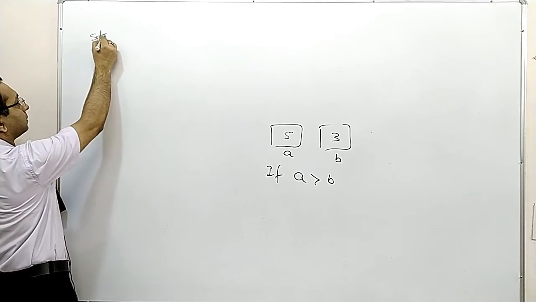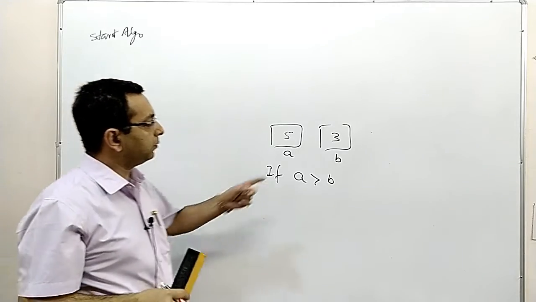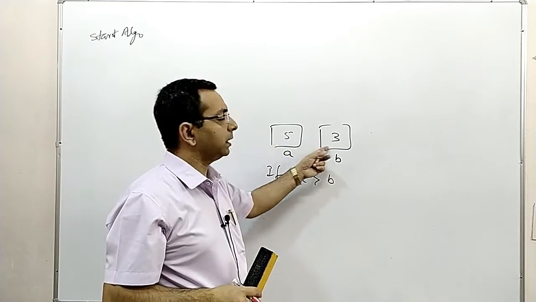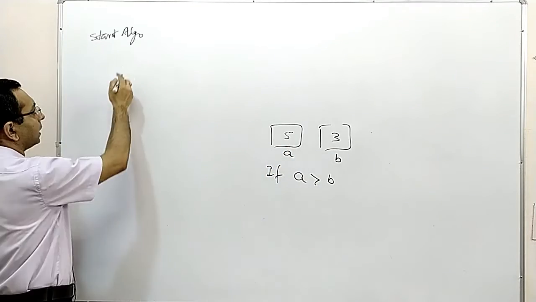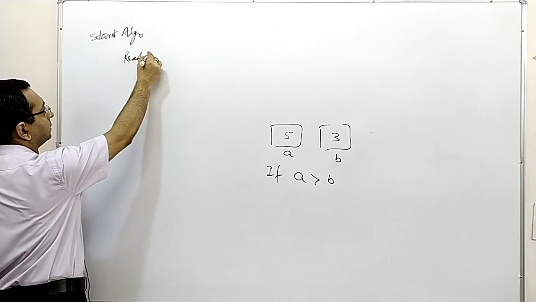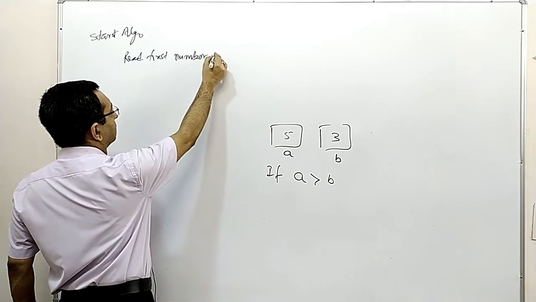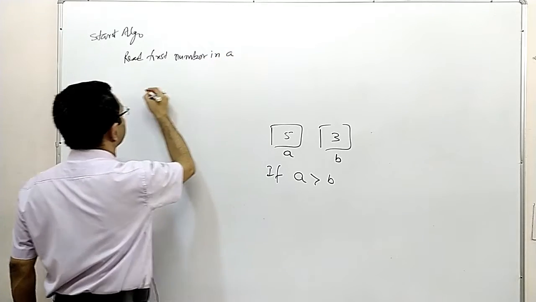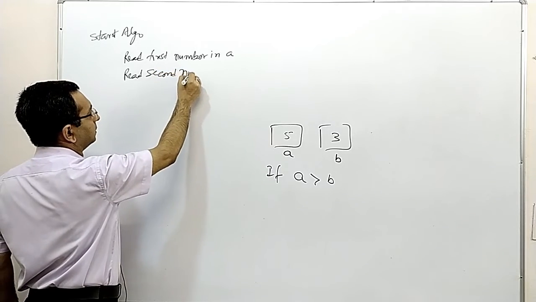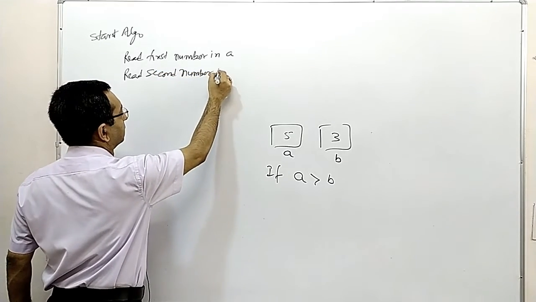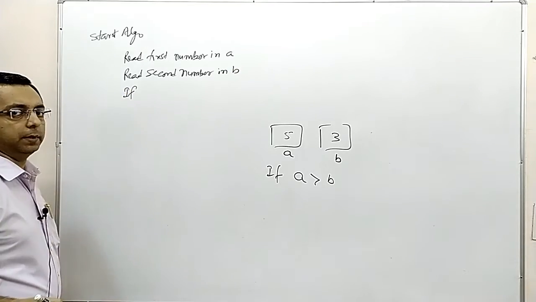So first of all, start algo, and before comparing numbers you have to take input. So first of all we have to take A and B as input. Read first number in A, read second number in B. Now we have to start the if statement.